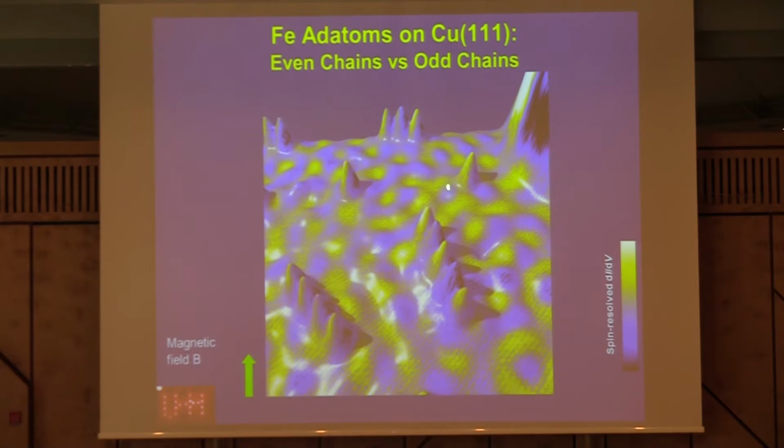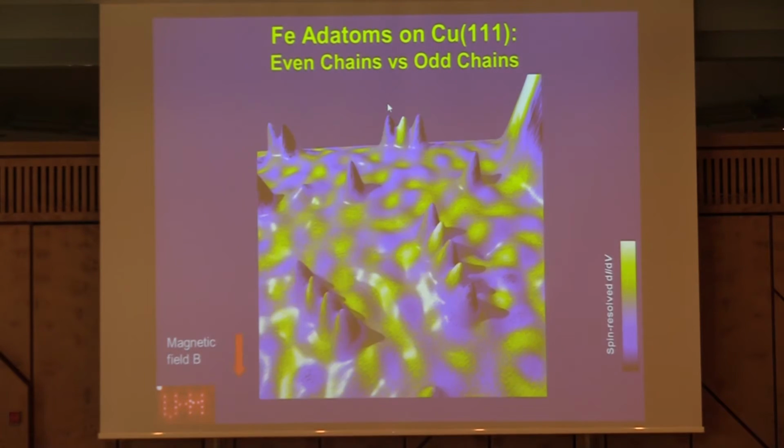And this we could show, of course, as a function of the length of these chains: 3-atom chains, 4-atom chains, 5-atom chains. If you have an odd number of atoms, of course, you have a residual spin on these types of chains which can couple to an external field. So by changing the external field orientation, you can go from an up-down-up to a down-up-down configuration, as it should be.